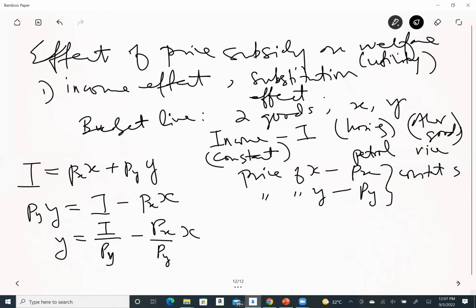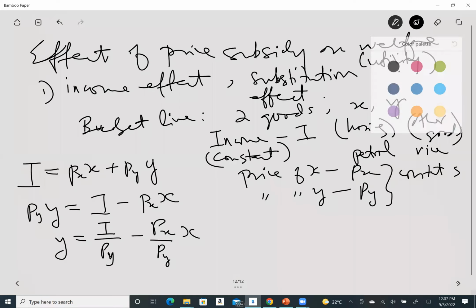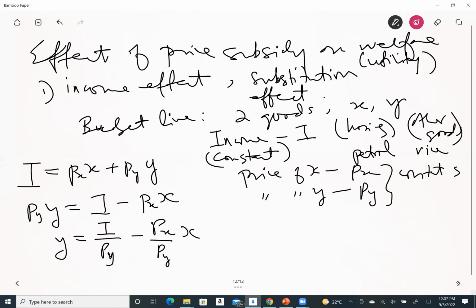Okay, now, what are they? There are two things here. Number one, I over PY. For this equation, you have I over PY, but you can also have I over PX. And the other one is PX over PY, of course with that negative sign.